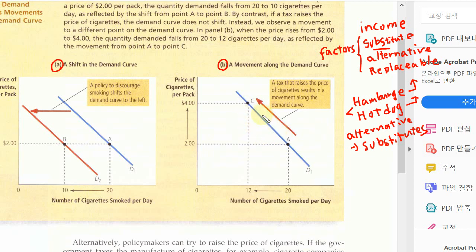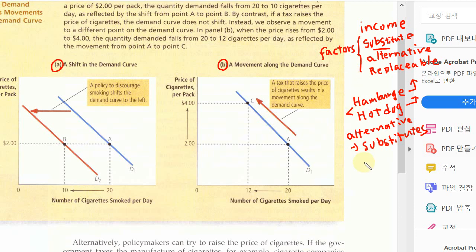But in hot dog demand, the hamburger's price is not notified here. Only hot dog's price will be notified here. Then this is a factor which is not notified. In this case, the shift of the demand curve is applied. So not B but A is applied. So we have to distinguish this one.